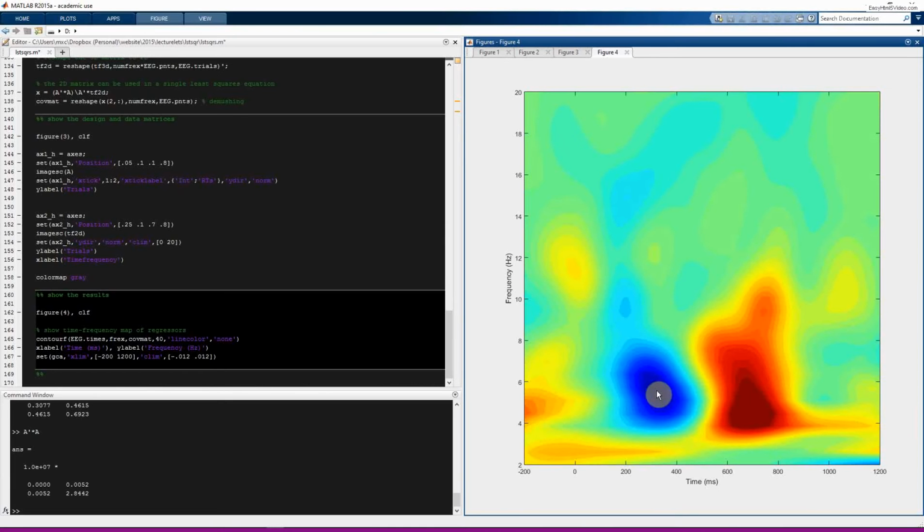Trials with shorter reaction times, or faster reaction times, also had less theta power between 200 and 400 milliseconds. So whether this finding is sensible and interpretable, of course, depends on what's happening in the experiment and what kinds of theories or hypotheses you're interested in testing.